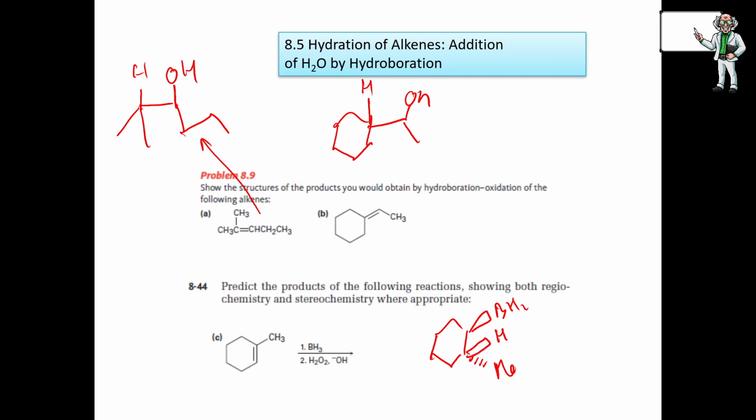I add the boron and the hydrogen to the upper face of the methylcyclohexene. That means the methyl is from below, and I put the hydrogen in the most substituted position, as you can see here. Once I have this, I add hydrogen peroxide, and I transform the boron into an OH, keeping the same configuration. That means I will get this compound. Okay?